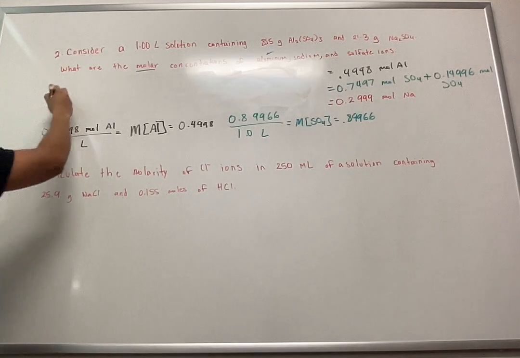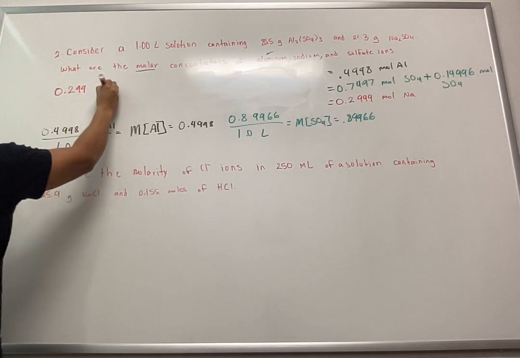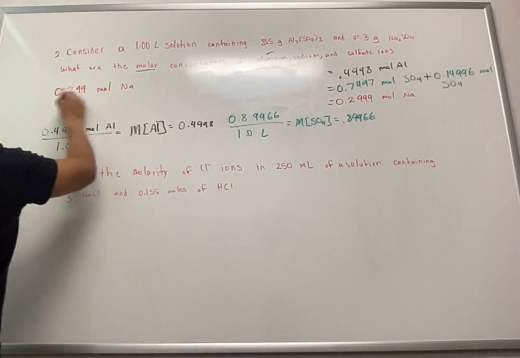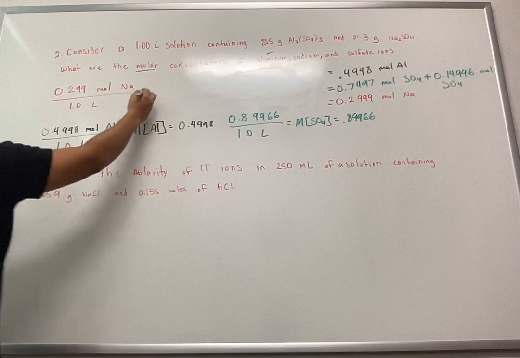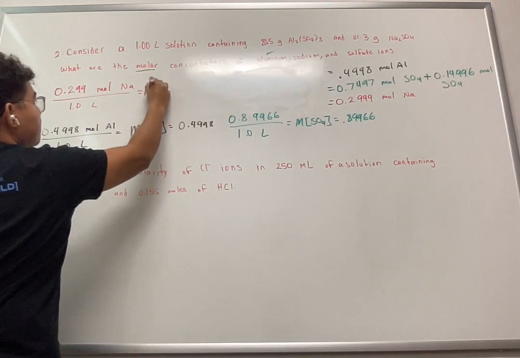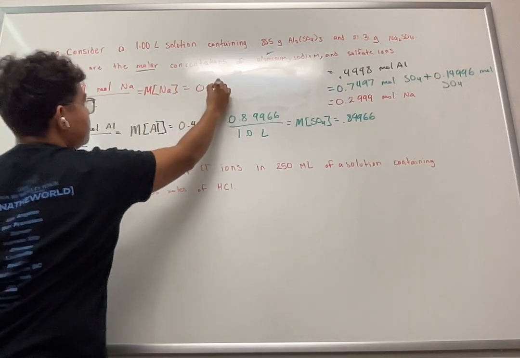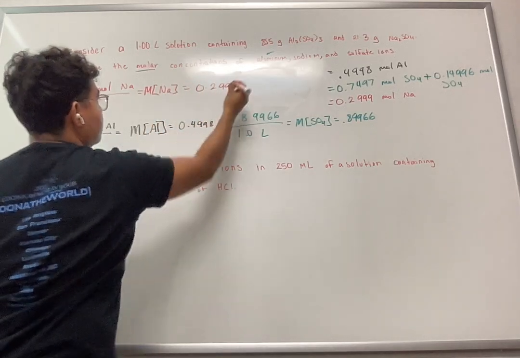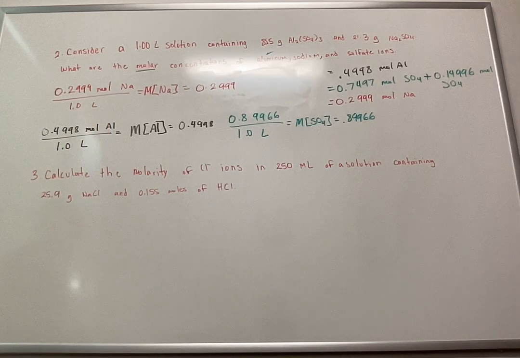So 0.299 mole of sodium over 1 liter. You're gonna get the same thing. M of sodium equals 0.2999. There you go. Okay, that's it. That's for the first one.